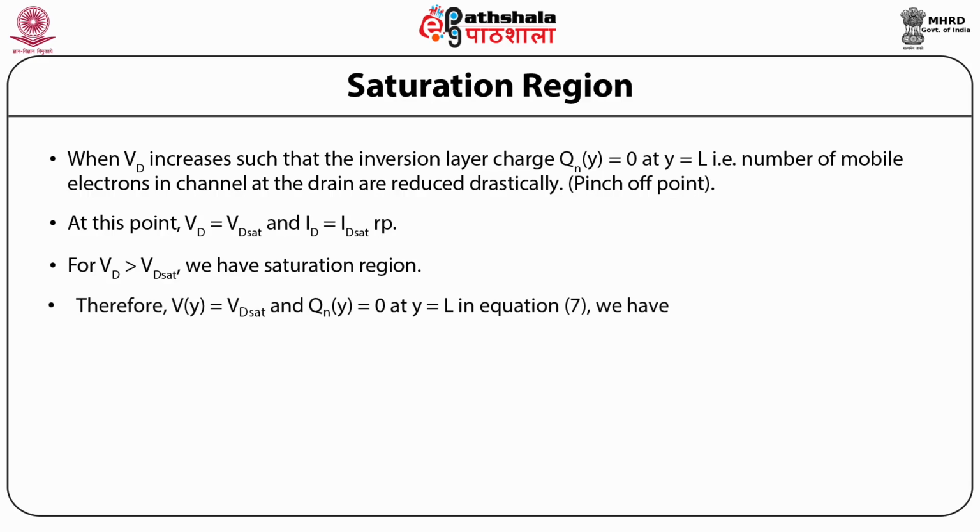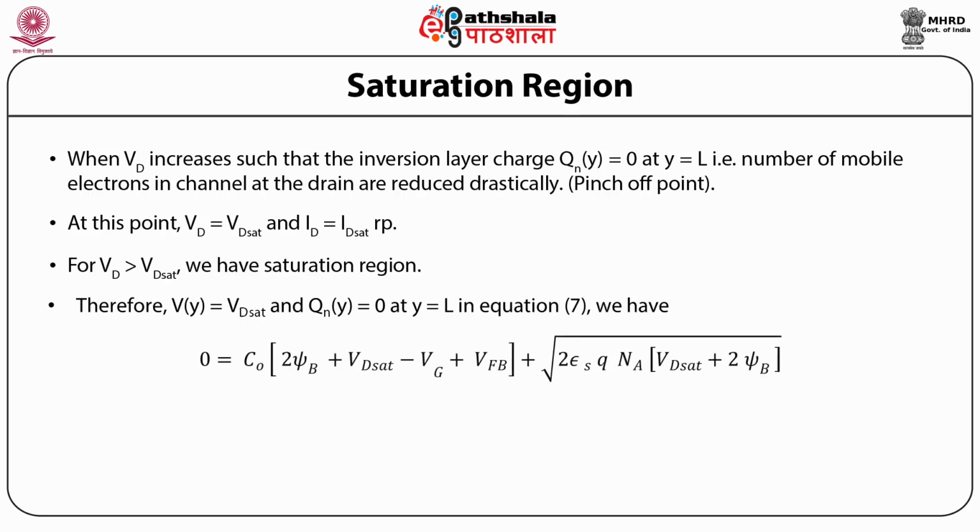So therefore, V as a function of y equal to Vd saturation and Qn equal to 0 at y equal to L. Then in the equation for Qn, we are putting this value. So we get 0 equal to C naught multiplied by [2 psi b plus Vd saturation minus Vg plus Vfp] plus root of 2 epsilon s Qna [Vd saturation plus 2 psi b].